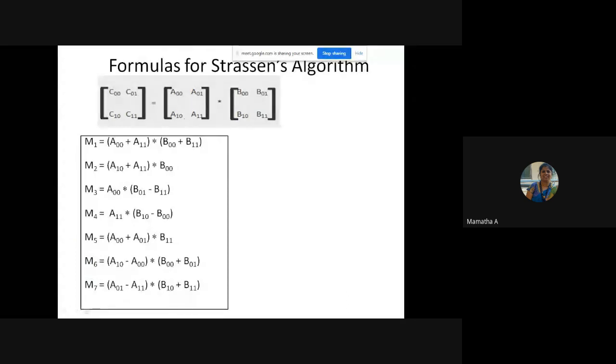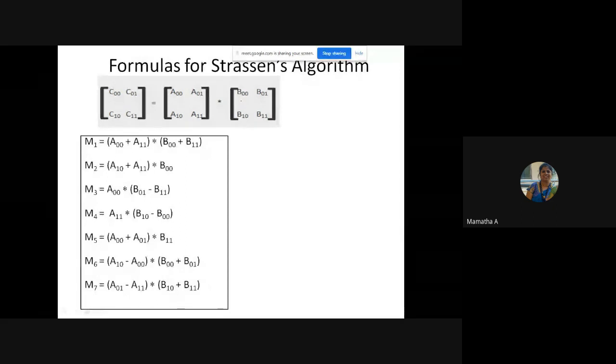Sum of second row into the first element of second matrix, sorry. M3 is first element of the first matrix into subtraction of second column, right? That you can remember. And M4, you can see the last element in first matrix, take its corresponding element the other side, right?